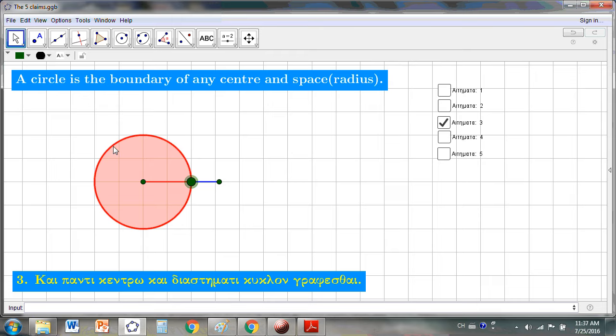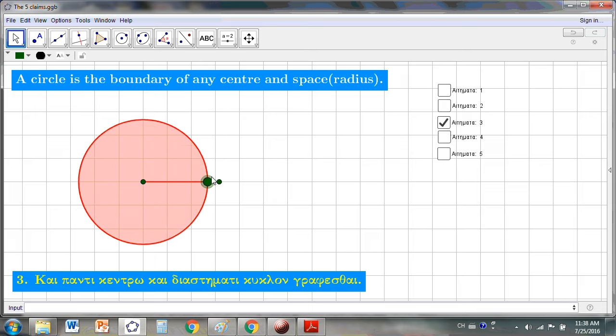Because a circle has no width, no length, no breadth, nothing. This boundary here is just an imaginary set of points, or an imaginary path, okay? So this is a path on the circle, and you can create any size circle with any size radius.